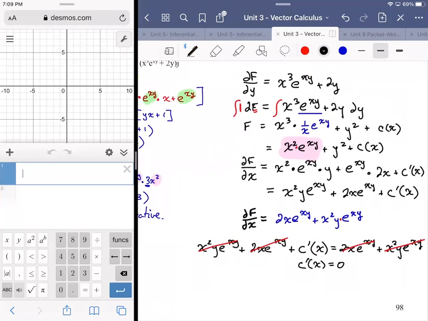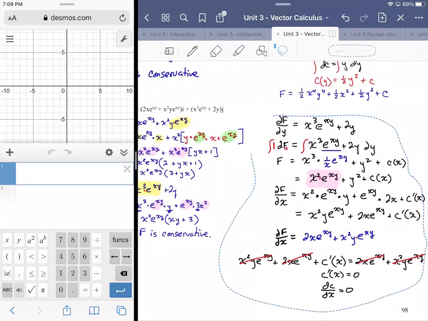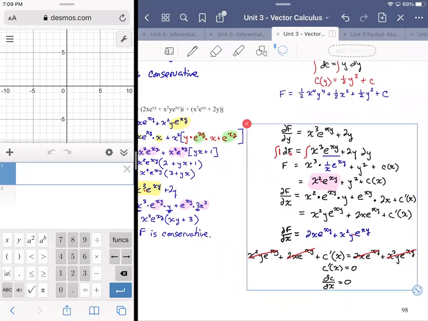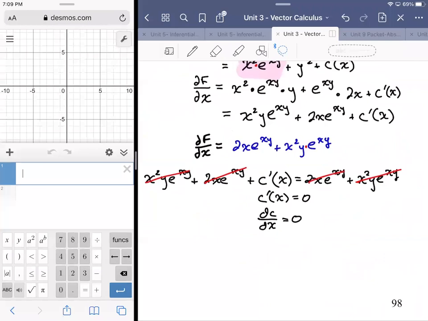So again, that's the same as saying dc dx is equal to 0. So we're going to end up with something that's kind of nice. This is sort of the best case scenario when you have a problem like this that involves a ton of writing to get to this point. So you're looking at dc is equal to 0 dx.